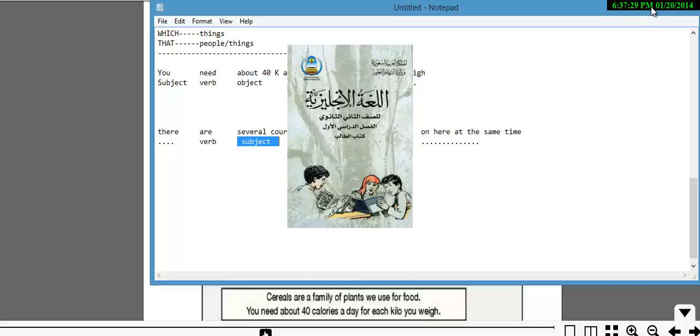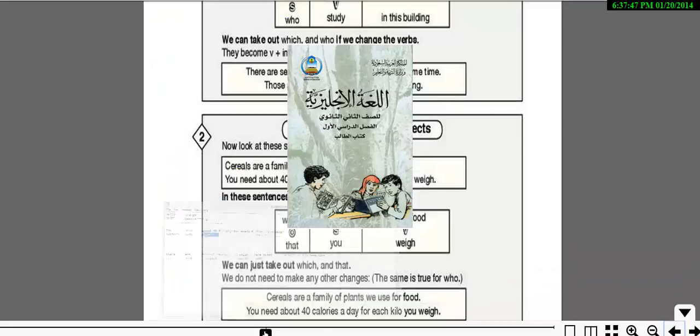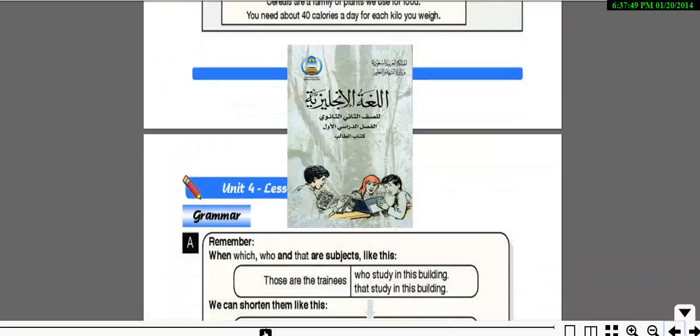So that is the second way to make a differentiation: separate the sentence into subject, verb, and object, then see what comes after which and try to find out what you are describing. Am I talking about a subject? Am I focusing on the object? That's when it functions as the object or the subject.